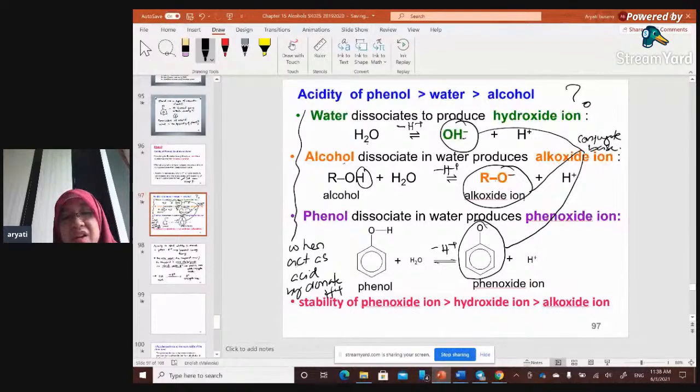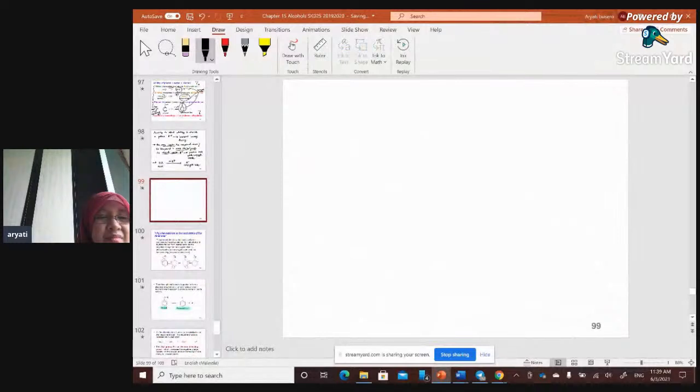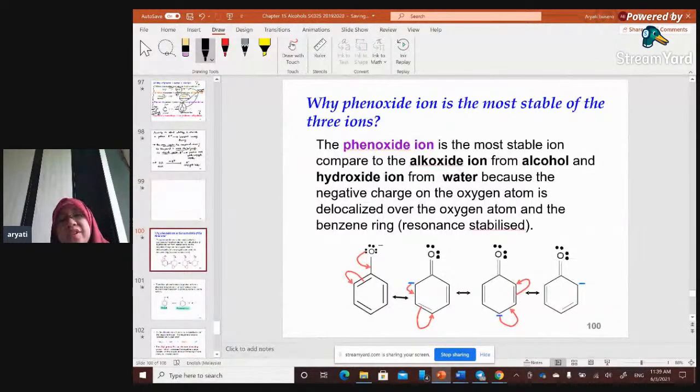The stability of conjugate base. So we found that phenoxide ion is the most stable compared to hydroxide ion and alkoxide ion. So why? Kenapa? Why phenoxide ion is the most stable of the three ions?